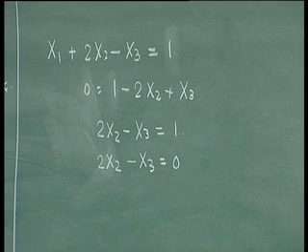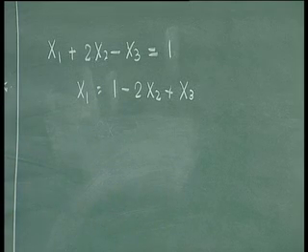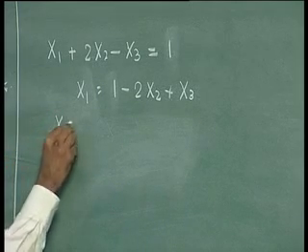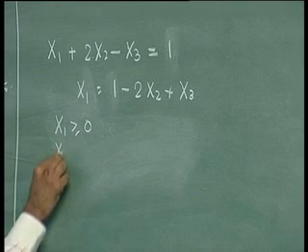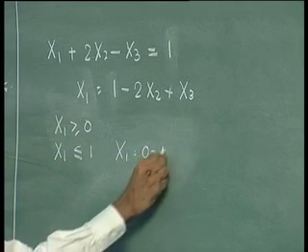So, what we do is, this is x1 equal to this, x1 being a 0-1 variable is now written as x1 greater than or equal to 0, x1 less than or equal to 1, x1 defined as a 0-1 variable.